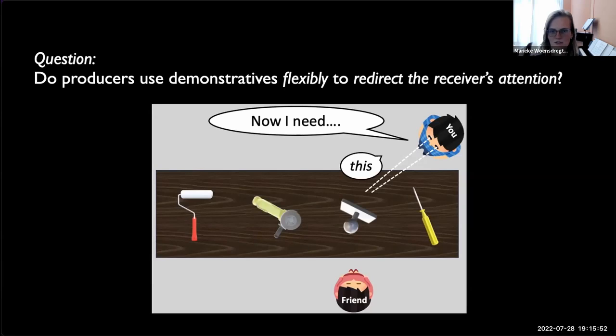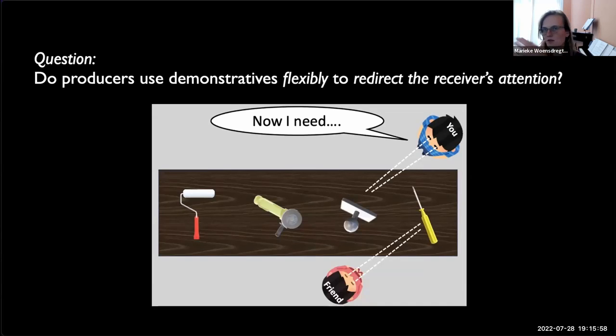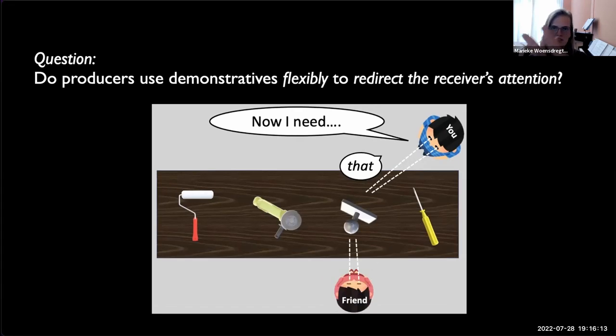Normally, you might use in English the word this because the object is relatively close to you. But now imagine that your friend is looking at an object that's even closer to you than the one that you mean or want to refer to. In that case, if you use your demonstratives flexibly, you might use that instead, which is normally associated with objects further away, but it might result in your friend reorienting their attention.